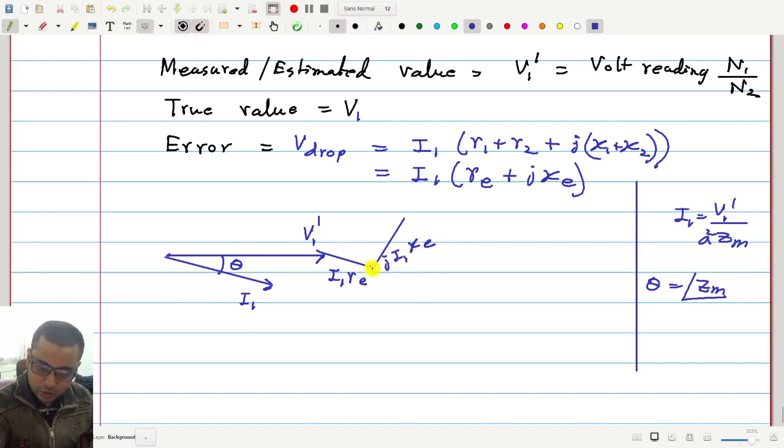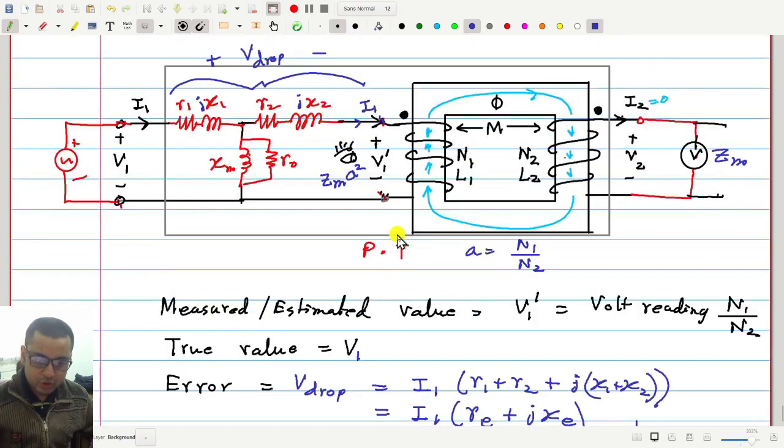Jxe. So this is a voltage, so these two are the total voltage drop, V drop. Now if I add this V drop with V1 prime, then this quantity is V1. You see here V1 prime plus this drop is V1.